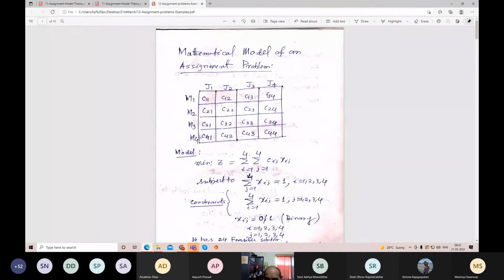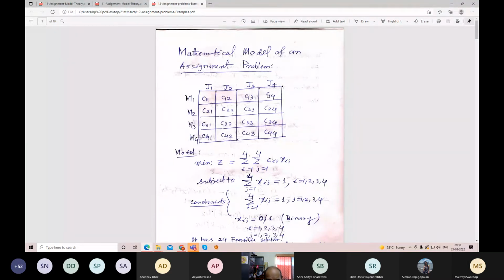The dual will be maximization type, the constants will be less than equal type, and the dual variables are free. Similarly, if the transportation problem is maximization type, the dual will be minimization type.